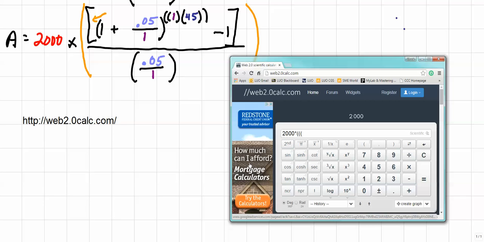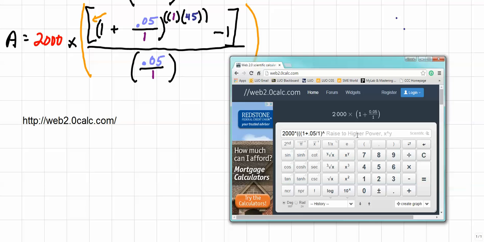Then we'll type in 1 plus 0.05 divided by 1, which I don't really have to do, but as I'm typing this in, you'll see that this is beginning to look a lot like what I have written in the notes. Now we want to raise this to a power. So we're going to close this with a set of parentheses. Then we're going to press the X to the Y button.